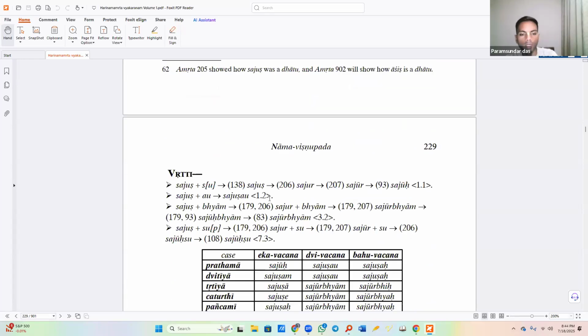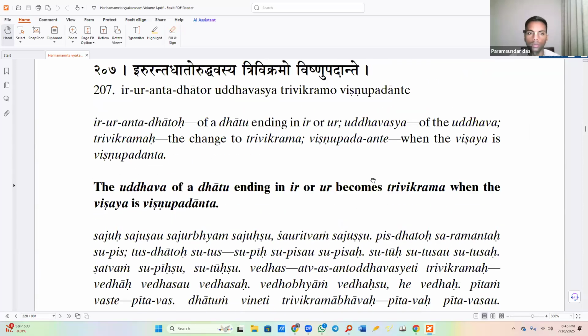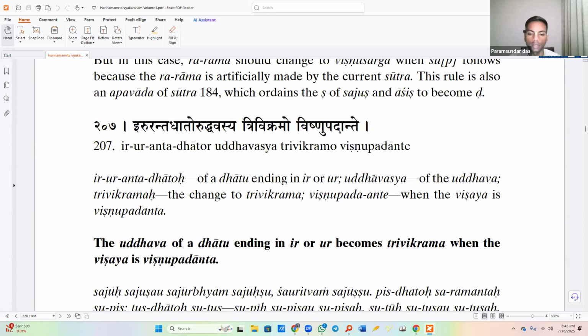So now let's do the declension. Sajush plus Su. Su is deleted, Radha Vishnu Janabhyam. Vipasya Trivikramat Sovarharaha. And by this previous rule, Sajush Ashish Ityanayor Isusanta Dhatushcharo Vishnu Padante, this sh, the last letter of Sajush becomes ra. And then by this current rule 207, Iruranta Dhatu Uddhavasya Trivikramo. Vishnu Padante.